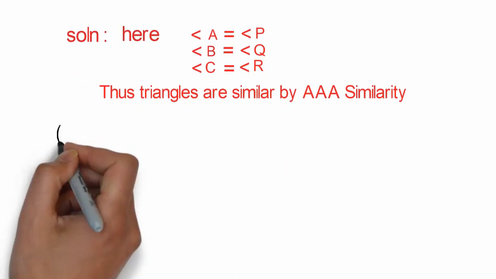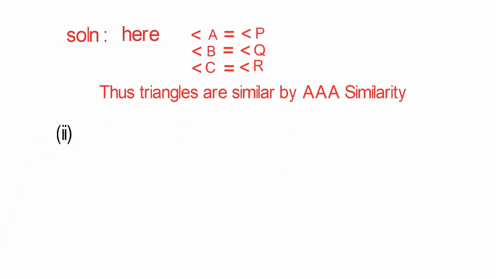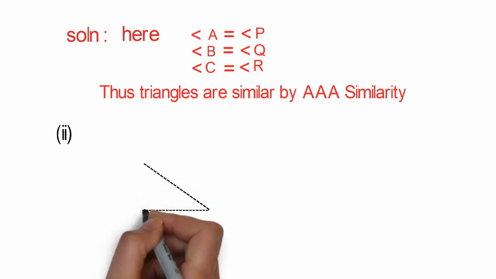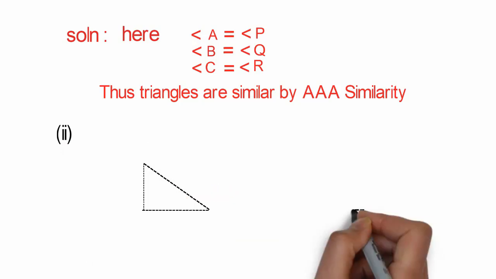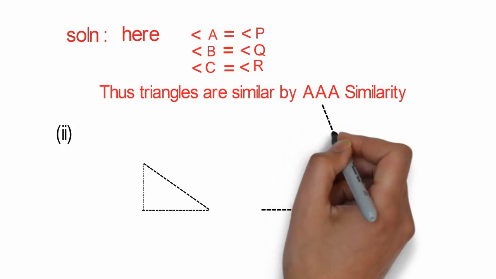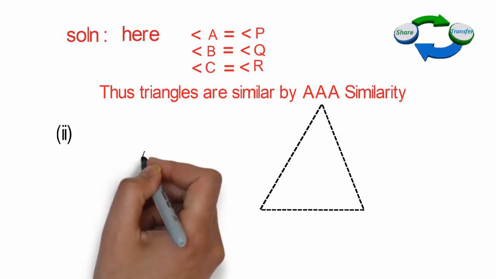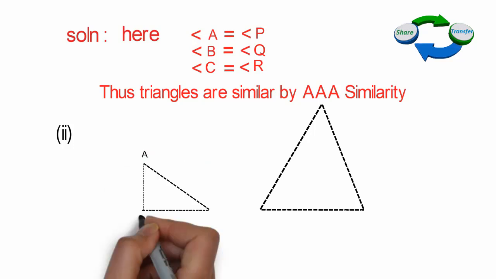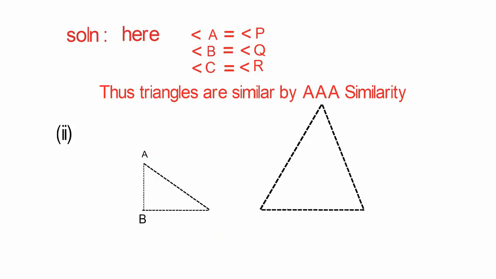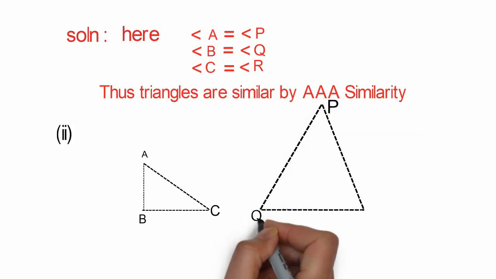Let us take one more example, the second part. Again we have a pair of triangles. The first one is this. The other triangle we have is like this. The first triangle is again ABC, and the second triangle is PQR.